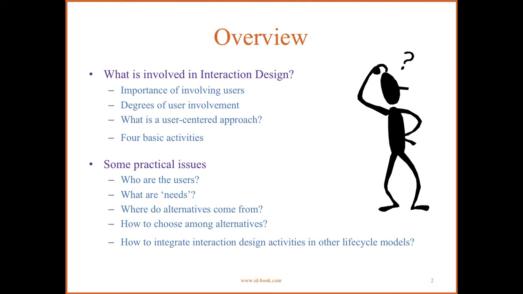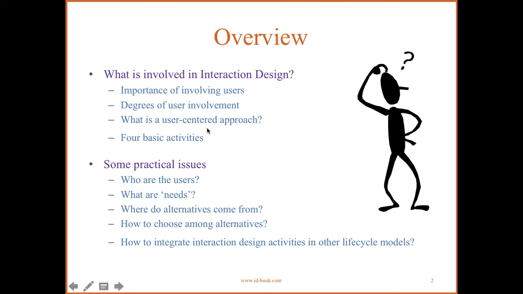So what is involved in interaction design? The first thing you have to understand is the importance of involving users. When we're talking about human-computer interaction, you have three elements: human, computer, and interactions. So it must involve the user. Number two, the degree of user involvement: how deeply you engage users in your interaction design process.